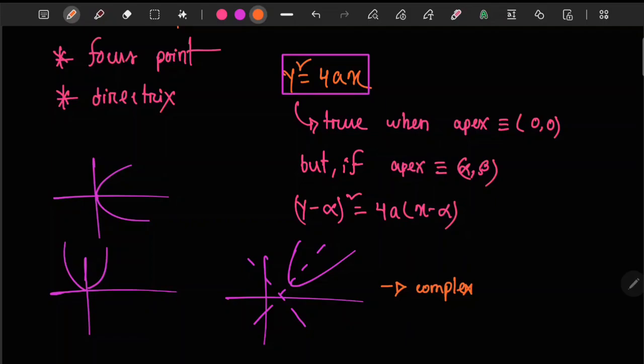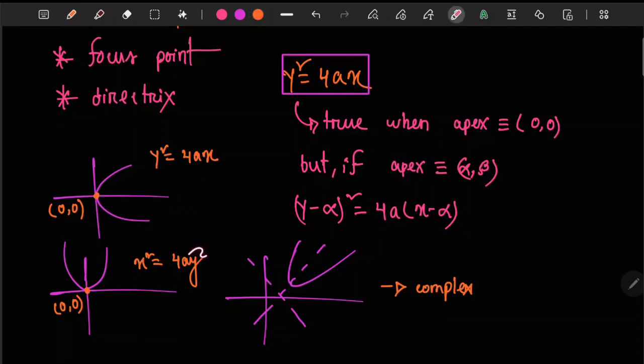Not going to talk about this right now, but these two parabolas come from the standard shapes. We see that the apex coincides with the Cartesian origin, 0, 0. So alpha beta equals 0, 0. For this case, the equation is y square equals 4ax, and for this case the equation is x square equals 4ay.